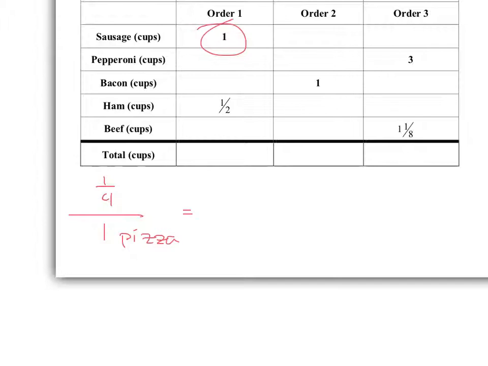And I know that there is 1 cup of sausage in this order, and I want to know how many pizzas. So the question is, what did I have to multiply top and bottom by in order to get this new ratio? 1/4 times what is 1? Well, that's going to be 4. So this is 1 times 4, which is 4 pizzas.